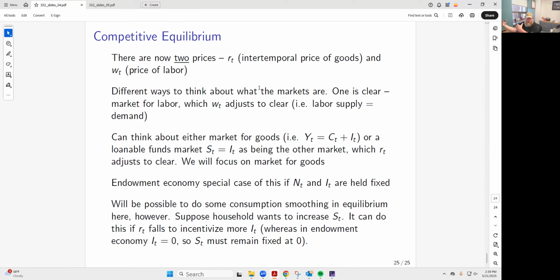Now, the other area where we ask ourselves, do markets clear, ends up being the labor market. And that ends up being one of the more interesting conversations that we have when we get to the conversation about unemployment, because there are frictions in the labor market that at times will cause those labor markets to not necessarily clear, or at least not necessarily clear in the short run.